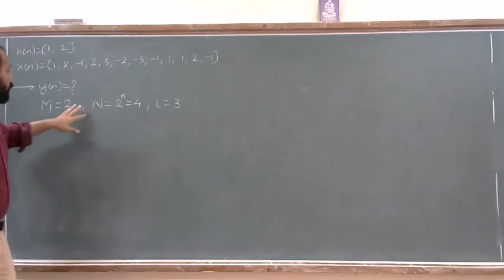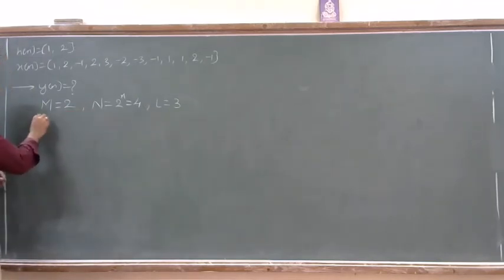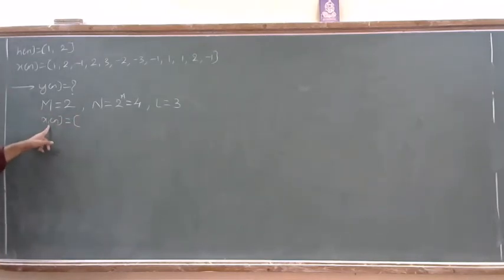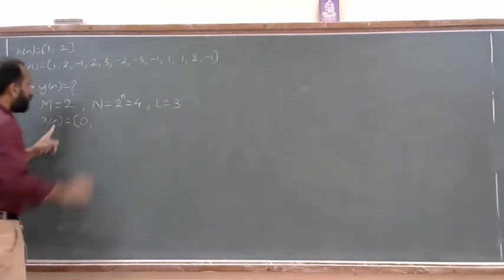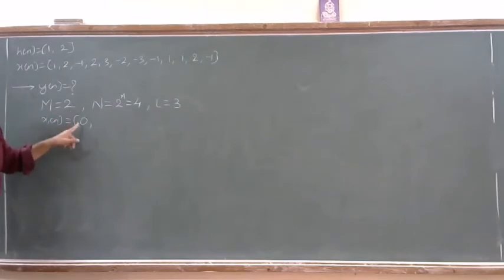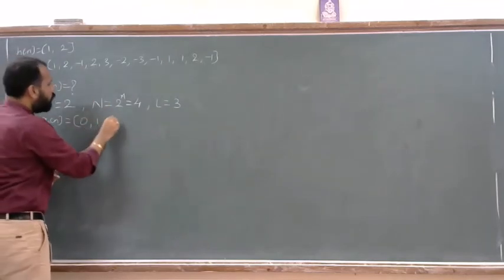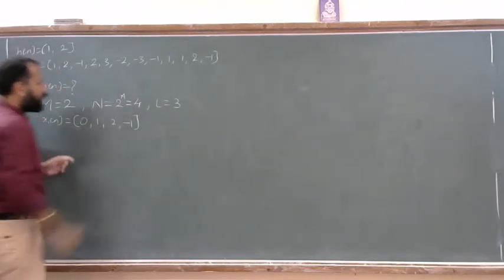Now this means in the first data block, the first m minus 1 samples will be 0. M is 2, so 2 minus 1, one sample will be 0, and the remaining 3 samples will be taken from the input, and those will be 1, 2, minus 1.